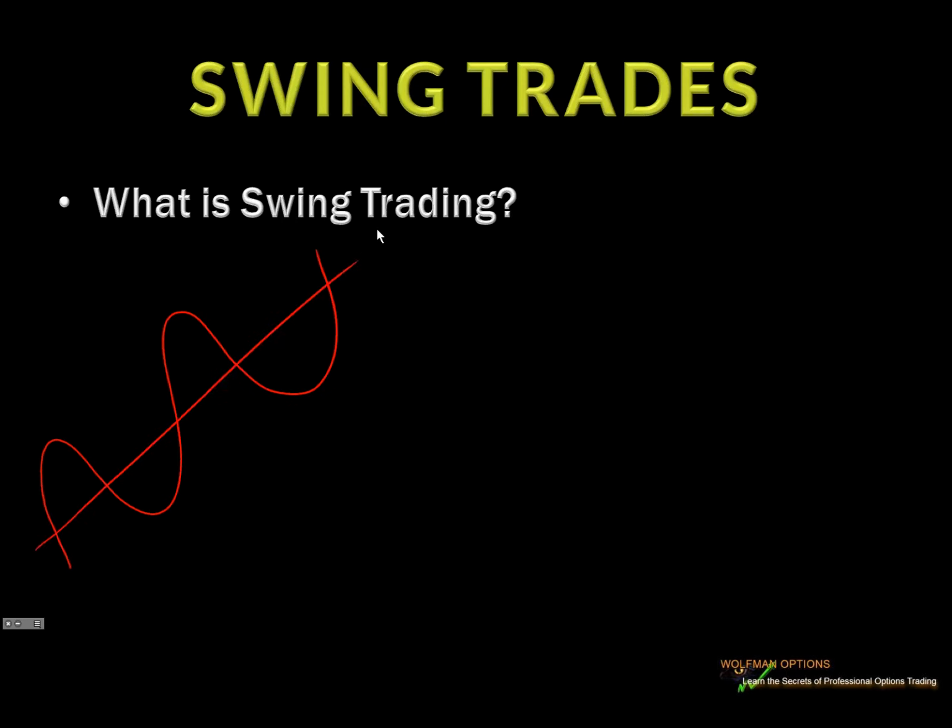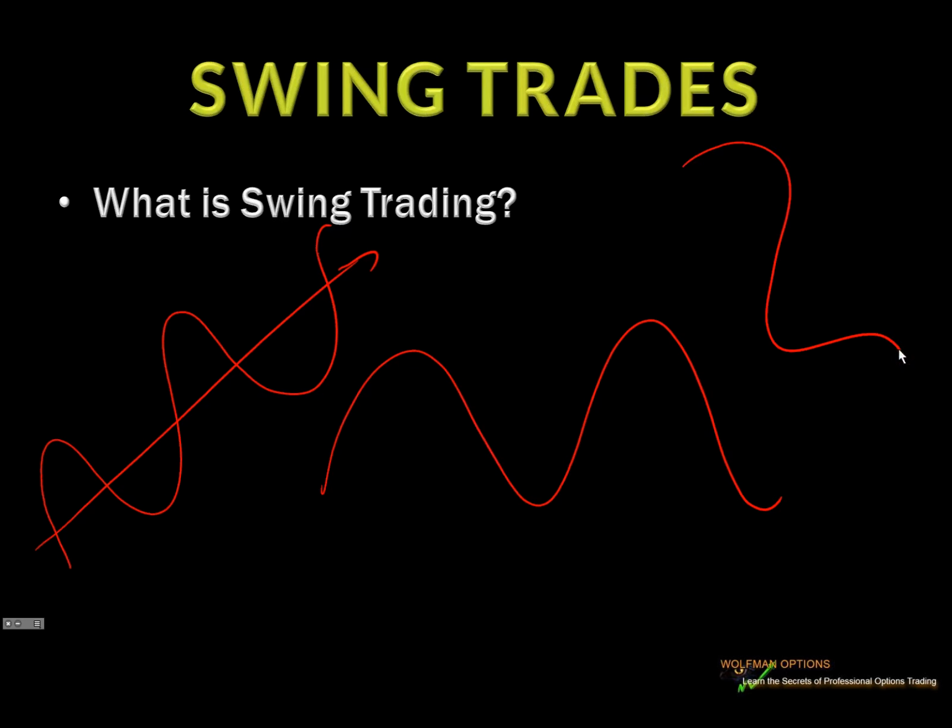We're looking at a positive trend there. We could also find something like this, where we've got a sideways trend, or something like this, where we've got a downward trend. So upward trend, sideways trend, and downward trend. That is what we're looking for in a swing trade.